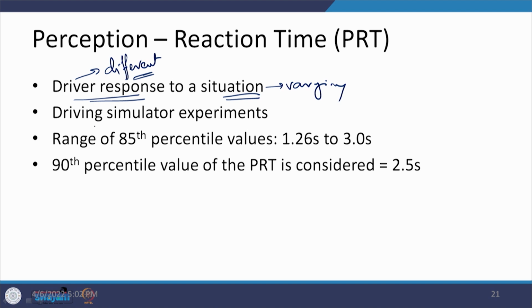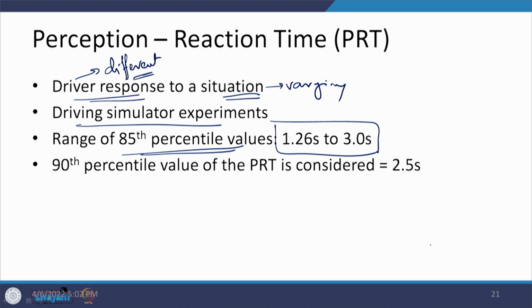One way of doing it is that we can go for driver simulator experiments, where we have people who will be behaving under different given situations while driving a vehicle on a simulator, and then we will record those values. And when these values have been observed from the studies, the 85th percentile values have been found varying in a range of 1.26 seconds to 3 seconds.